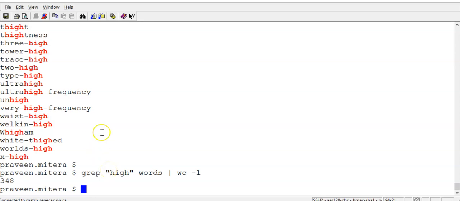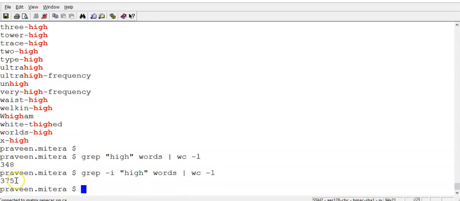What if the word was either uppercase, lowercase, or a mixture? Then you don't want to have a problem if some of the words have an uppercase letter, because as you know, Linux is case sensitive. To avoid that kind of problem, I can use -i. Think of that as ignore; it's asking Linux to ignore uppercase or lowercase.